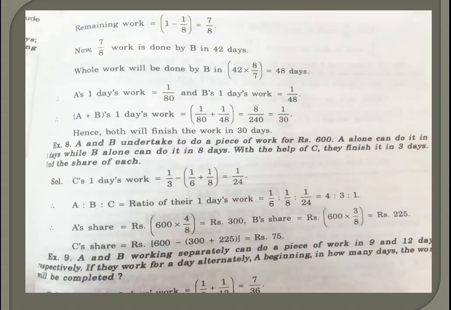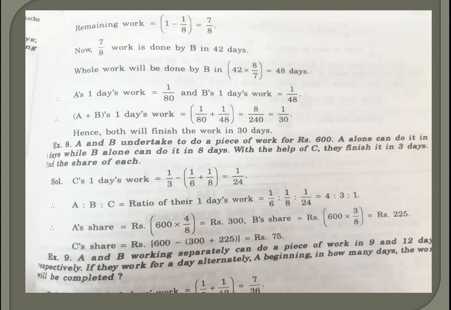which is 1 by 8. So now I could find the remaining work. How? The whole work I am assuming as 1. So 1 minus 1 by 8, which is 7 by 8. So it's 7 by 8 work only that is done by B, which is already given as done in 42 days. Now, I am going to find the whole work done by B. Suppose B is working for the whole work, not the remaining.